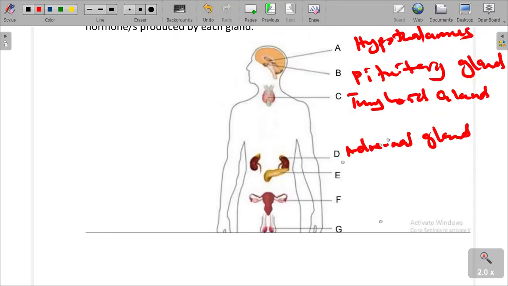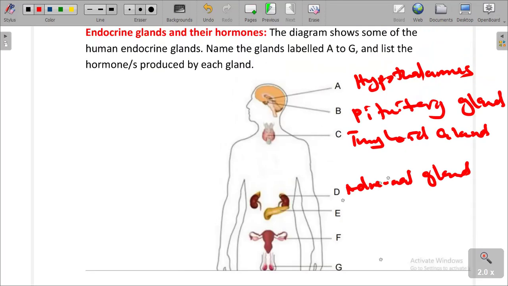This is just a conclusion of this subject, and you need to be able to identify the glands and the various hormones that are produced. For the sake of time, I just want to give you examples like I did there, because it is just a continuation and a repetition of what we discussed previously.